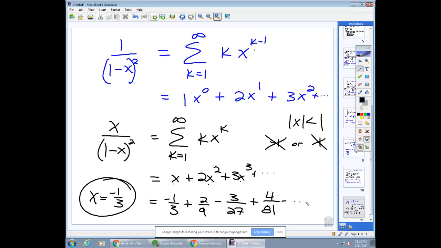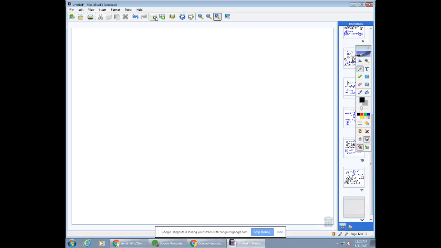How could I be sure? Well, plug -1/3 in there, because that's what this is equal to. So let's do that together. So -1/3 divided by (1 minus -1/3) squared. All right, so let's see.